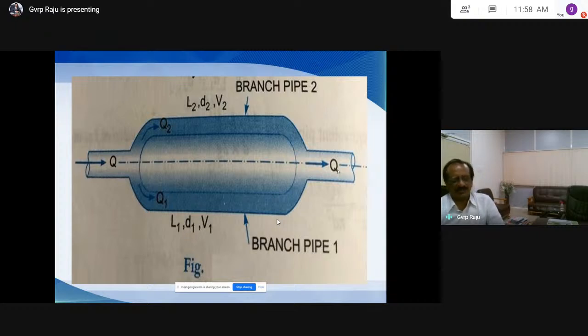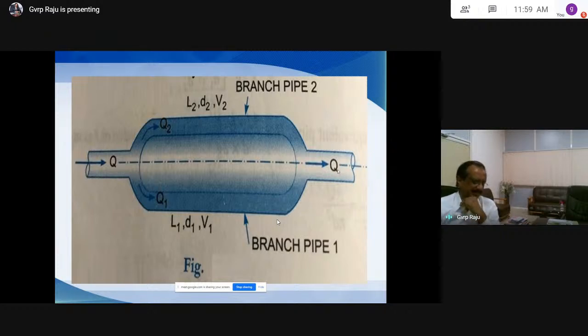Taking Q is equal to Q1 is equal to Q2 is not correct. Q is equal to Q1 plus Q2, branch pipe 1 and branch pipe 2. So that is one equation. The discharge equation is Q is equal to the quantity of water flowing through pipe 1 plus the quantity flowing through pipe 2.